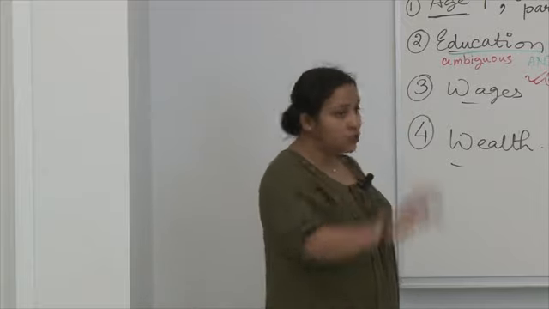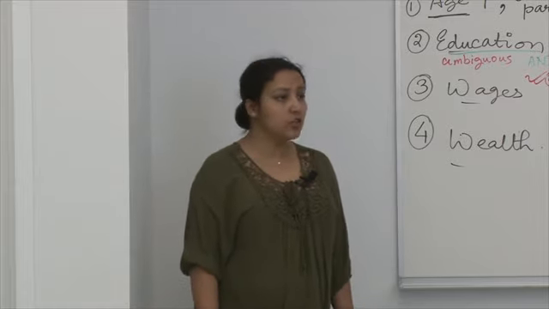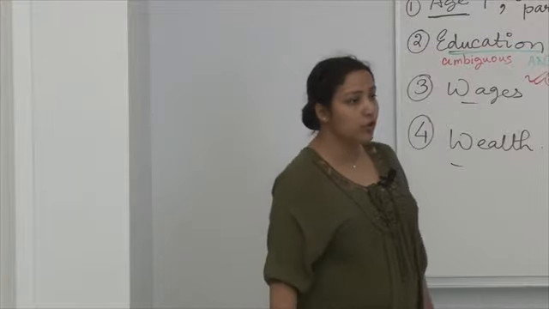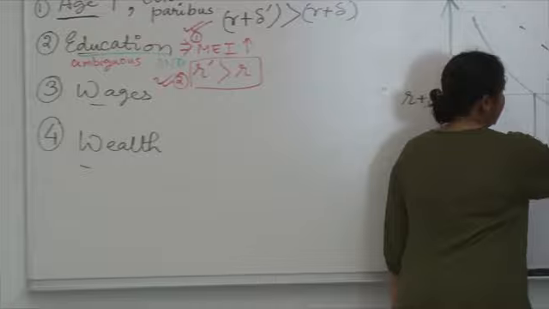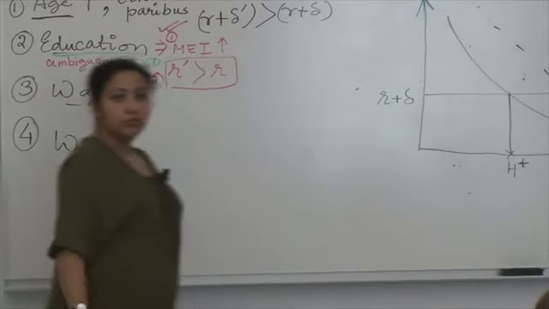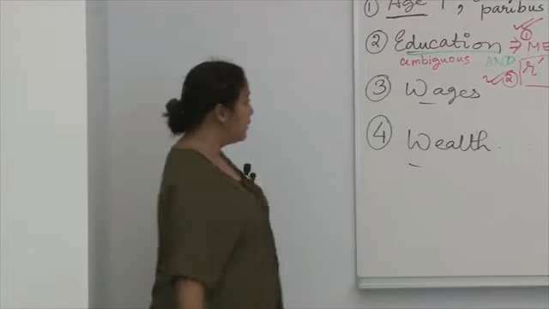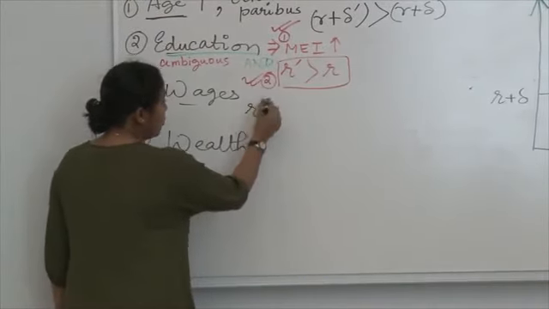So, your MEI dash curve may be on the right, just like education. I am not drawing that, but please put that down if you want to draw that or write that down. So, either your MEI dash curve could be like that, or direct effect, you can have a higher opportunity cost because you earn more wages.